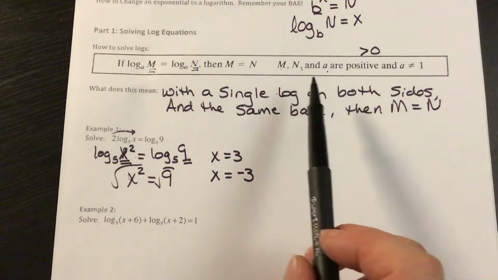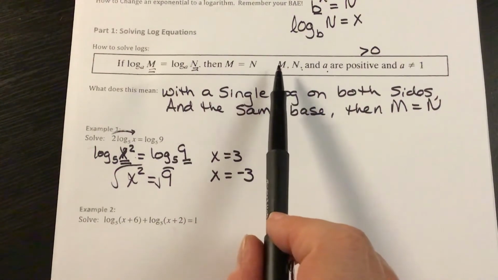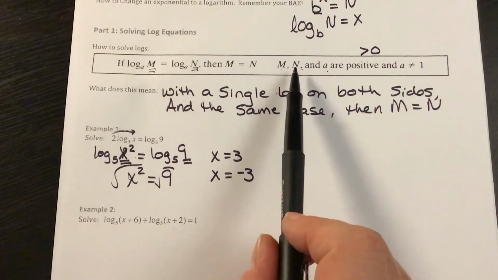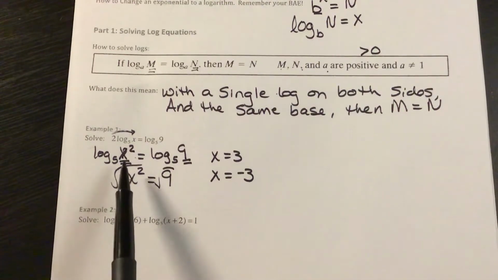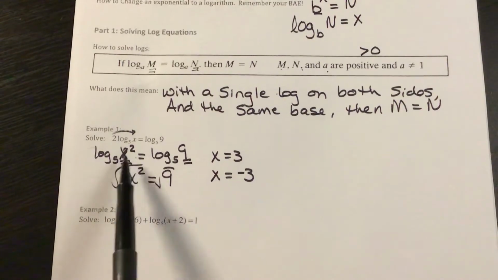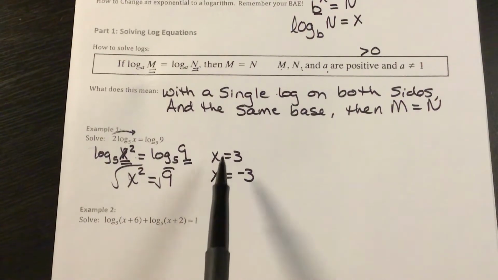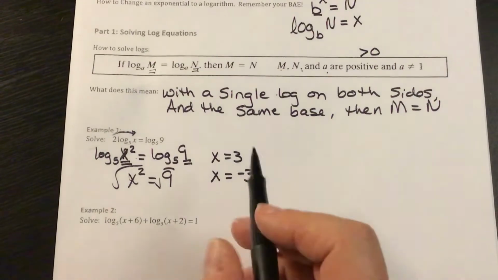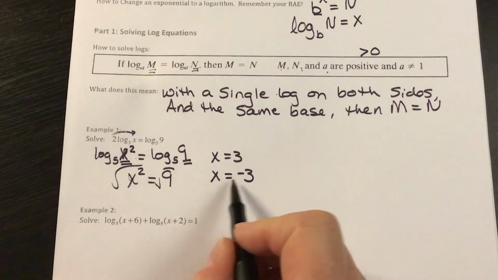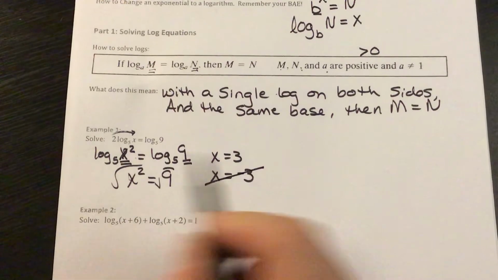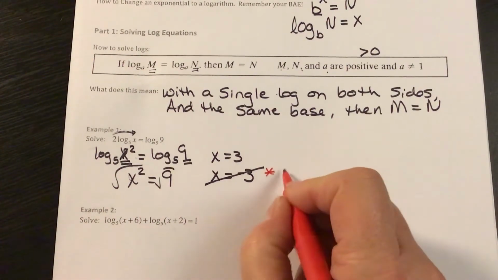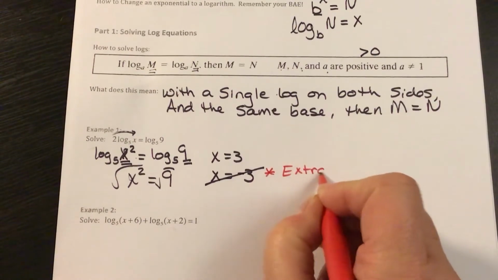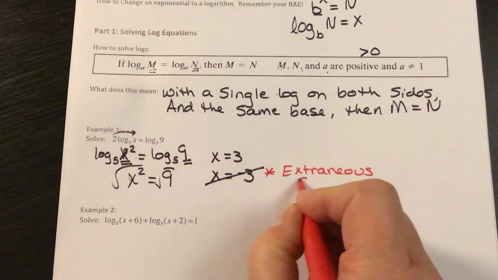However, if I go back and look up here, it says m and n are positive. So these values for x squared have to be positive, and my x values have to be positive. So I cannot have a negative solution, and I'm going to cross this off. This is called an extraneous solution.